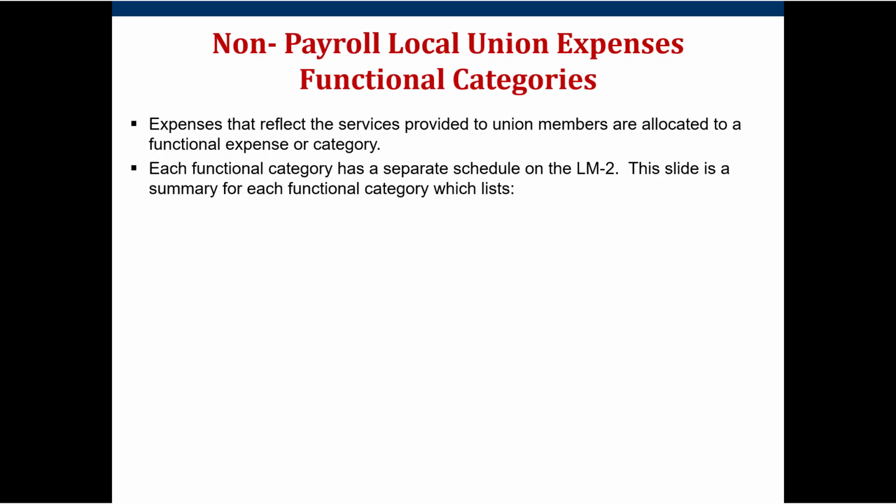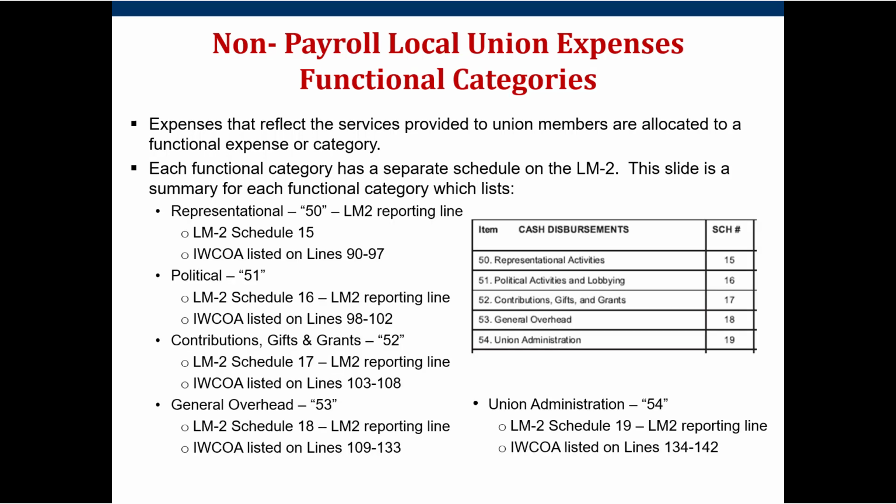This slide is a summary for each functional category, which lists the reporting line number on the LM2, and therefore the LM2 component used in our chart of accounts, the schedule number on the LM2 report, and the line numbers for each category in our chart of accounts. The following slides provide additional information per functional category.